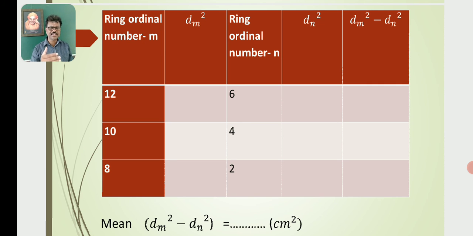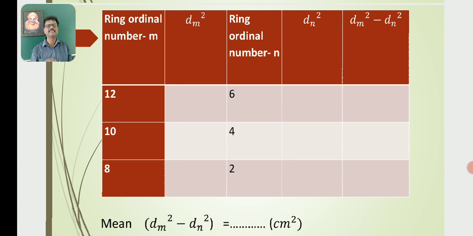Then the last step of the tabular column: the first column indicates the ring ordinal number m, 12, 10, 8. So you can take the corresponding dm square, diameter square for the 12th ring, the 10th ring, the 8th ring.